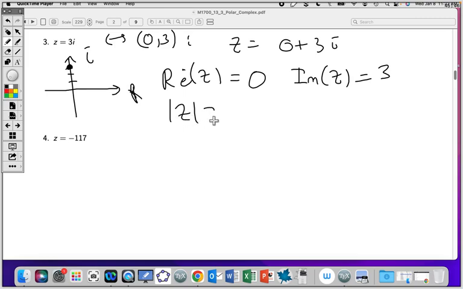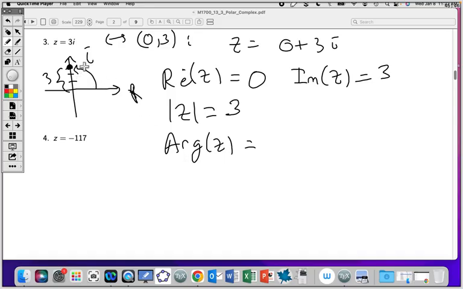The modulus of z, that's the r value. Well, we could go through the arithmetic here, but you can tell that it's going to be 3 units away from the origin. So the modulus of z is going to be 3. What's the principal argument of z? Well, there it is.